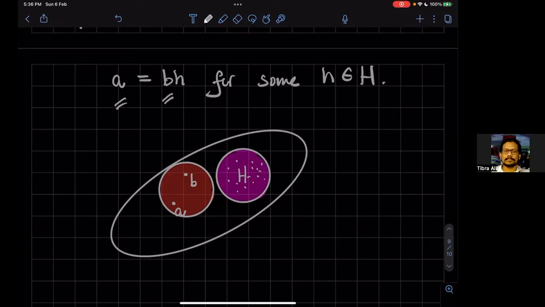Yeah, if you assume that A and B are in the same coset, then there's going to be some h such that when B multiplies h, we get A. There's the identity element E, which when B multiplies E just gives back B, but there's some other element h such that B times h gives you A. Right, by assumption.